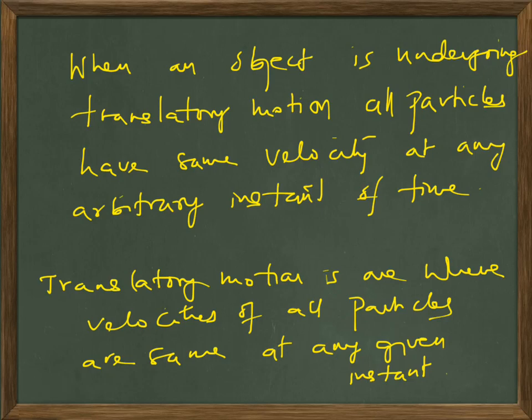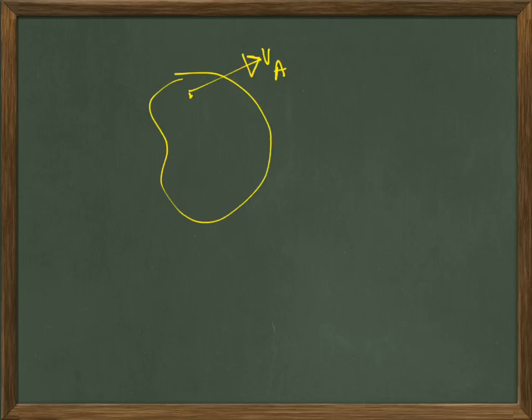So I can say, when a body is translating, suppose I draw some body, this particle has velocity VA and this particle has velocity VB, then I can say VA equal to VB in both magnitude and direction. This is the condition for translation.